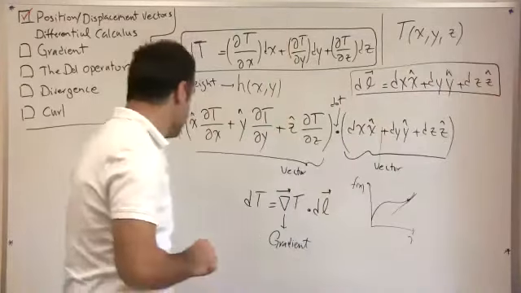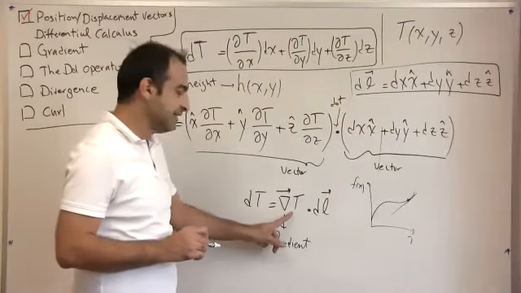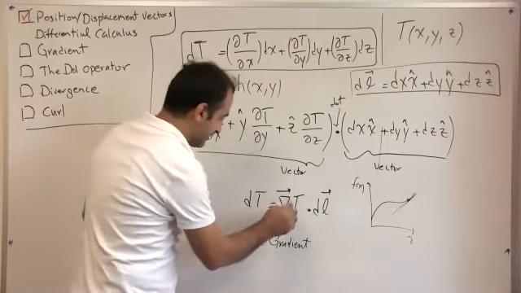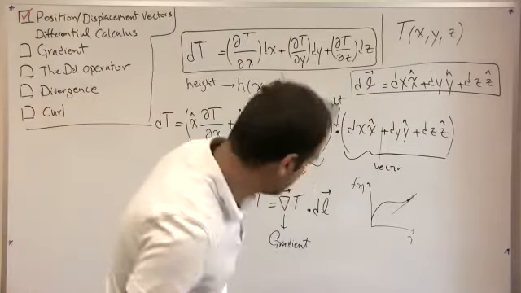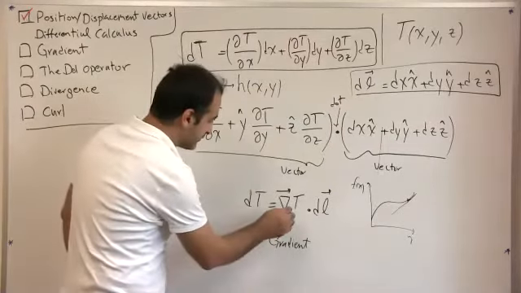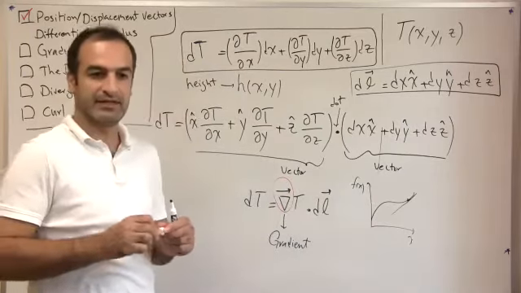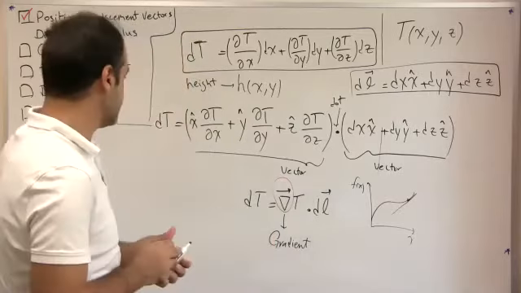Okay, so we define the gradient like this, but this inverted triangle operator is used very often and also for different purposes than the gradient in vector calculus, and that's really, really helpful.